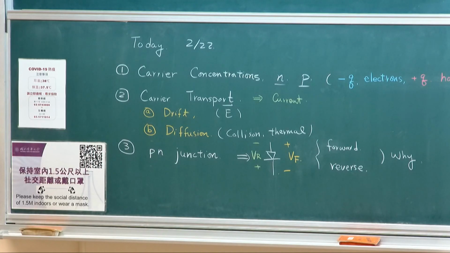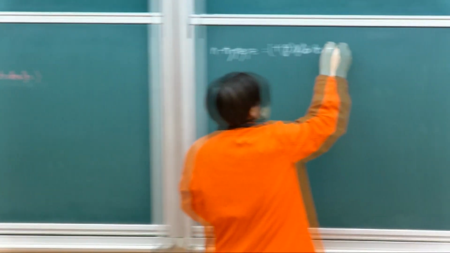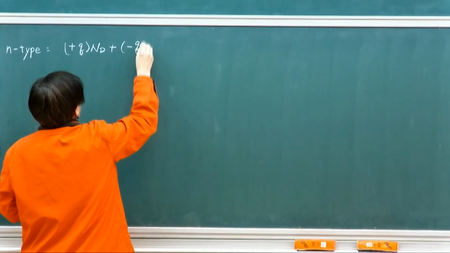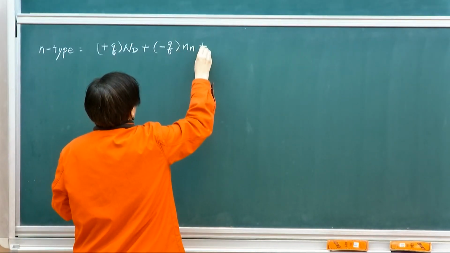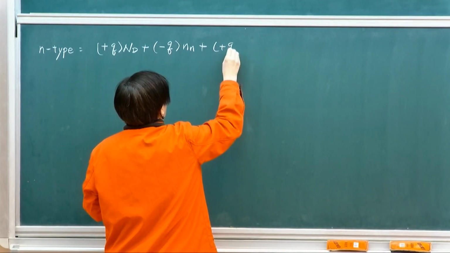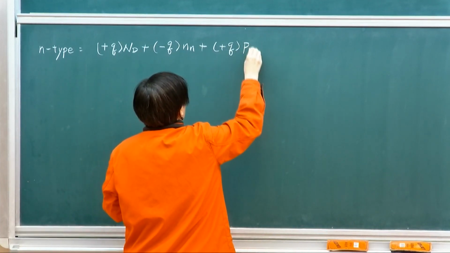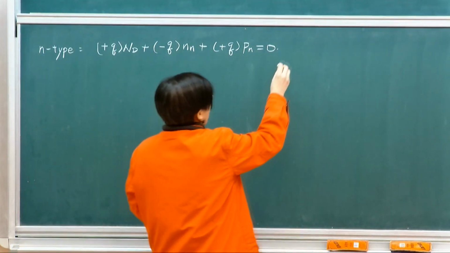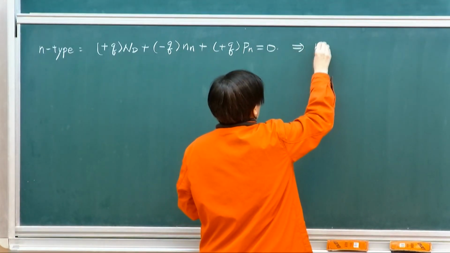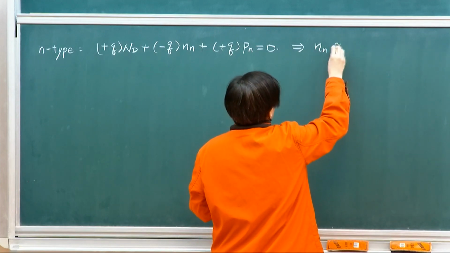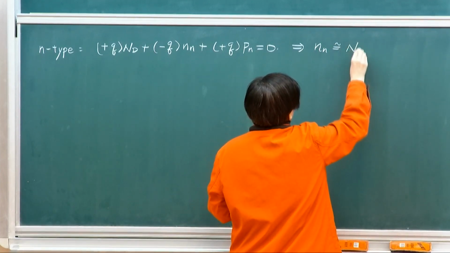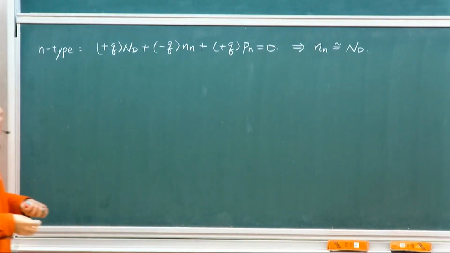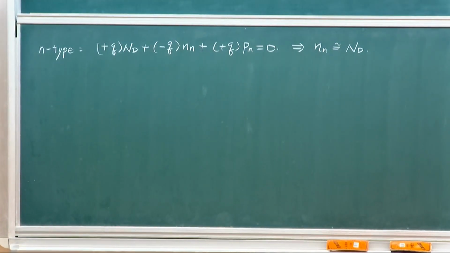It's positive Q Nd plus minus Q Nn plus positive Q Pn equals 0. That's the equation we use. And the conclusion is, therefore, Nn is approximately equal to Nd. The dopant will decide the amount of majority carriers.